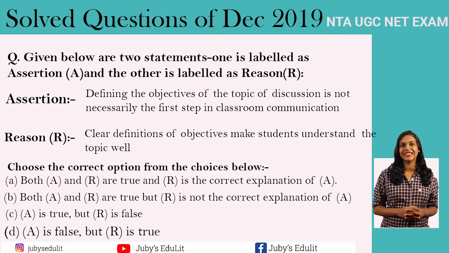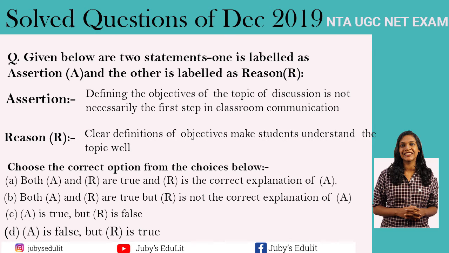So these are the things. So let's see the assertion. Defining the objectives of the topic of discussion is not necessarily the first step in classroom communication. Analyzing the assertion, you can tell that this assertion is false.